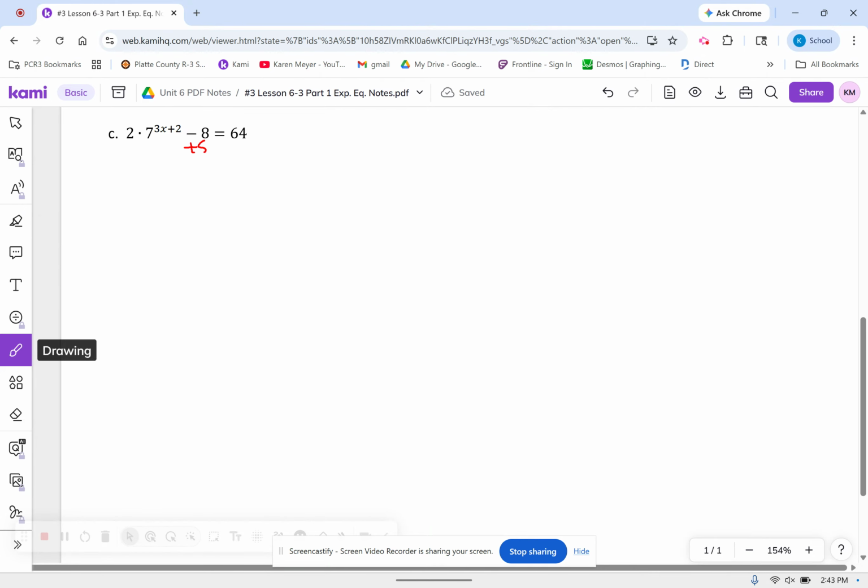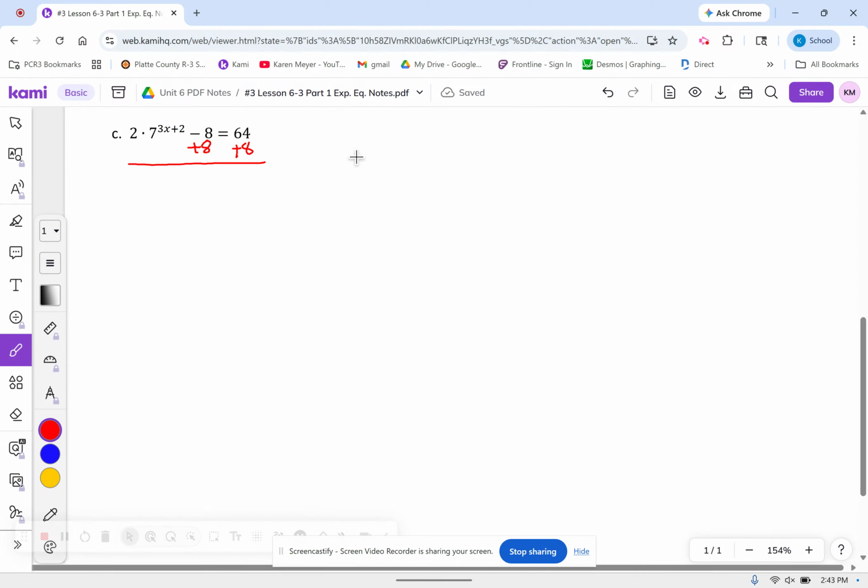Okay, so then we have 2 times 7 raised to the 3x plus 2 equals 72. And then we can't have that 2 times in front of the base because we want to get just the base part by itself. So to get rid of the 2 times, we should divide each side by 2.